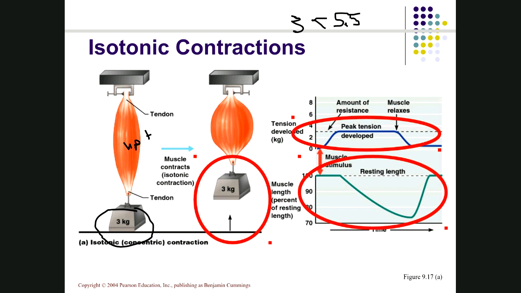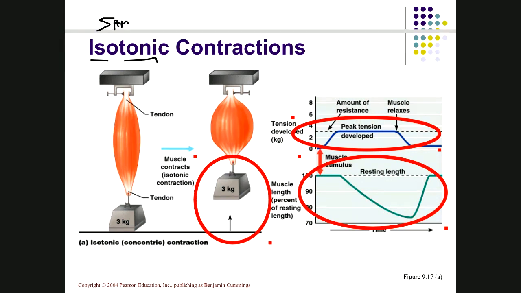I don't need 5.5 though to lift this weight. I only need 3. So when I send my little electricity here and I make the muscle contract, I don't need 5.5. I only need 3. So as soon as I reach 3, right there, what's going to happen is the muscle is going to begin to shorten. And so the muscle will get shorter. But remember, this is isotonic, same tension.